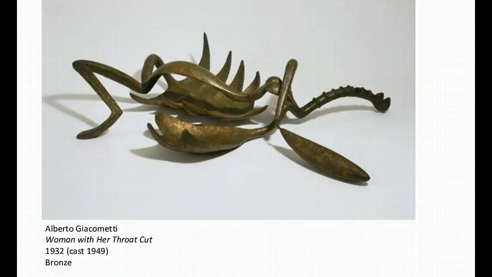No work sums up the misogynistic relationship between the surrealists and women better than Woman with Her Throat Cut from 1932 by Alberto Giacometti. It's very hard to see in this slide, but this is the woman's face.